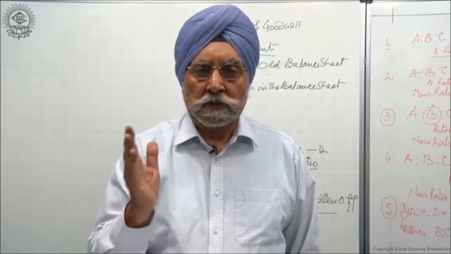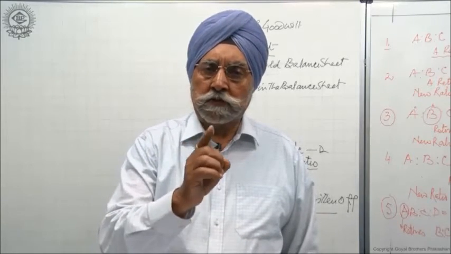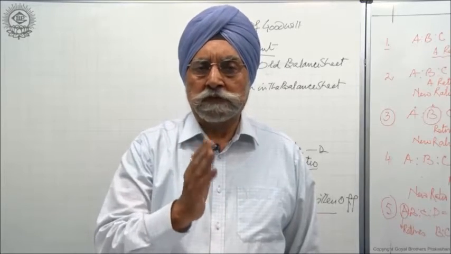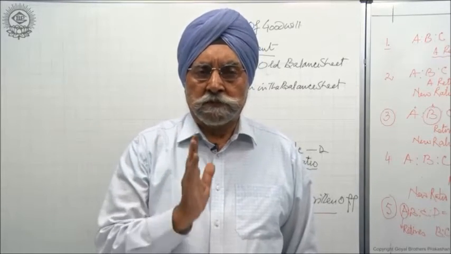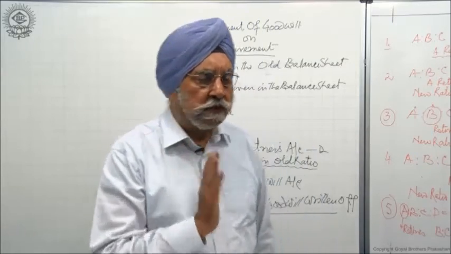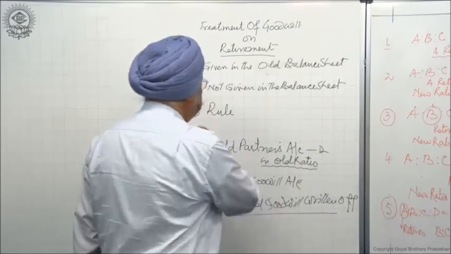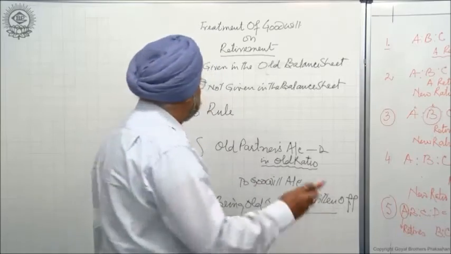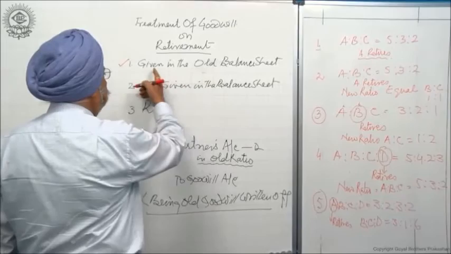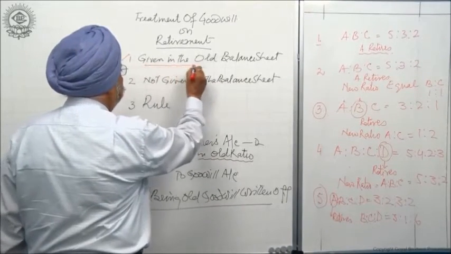There are other methods also, but I am going to take only one, which is the simplest one, that the old goodwill must be written off before you start doing anything else. So that being done, now the next thing is, the balance sheet has got the old goodwill in it.